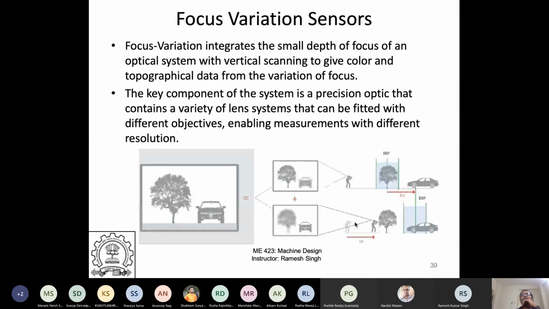And then there is something called focus variation sensors, which is nothing but how crisp an image you get. If I move, my image quality changes. I have a finite focal length, but what I do is I keep on moving, so I can measure what distance I am at. This focus variation is more of a metrology thing than a sensing thing.